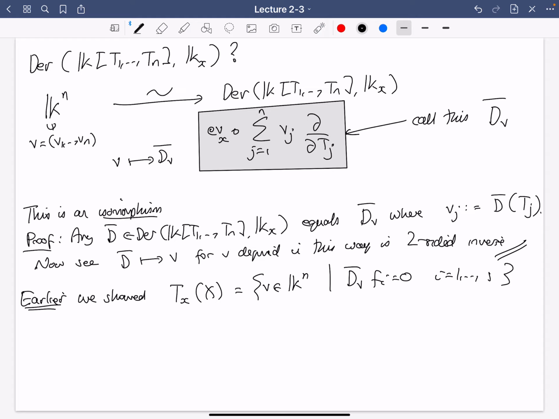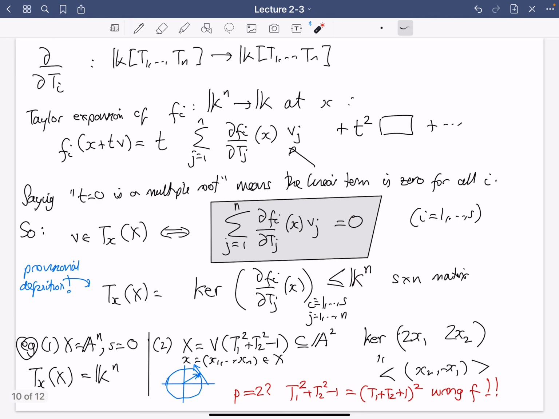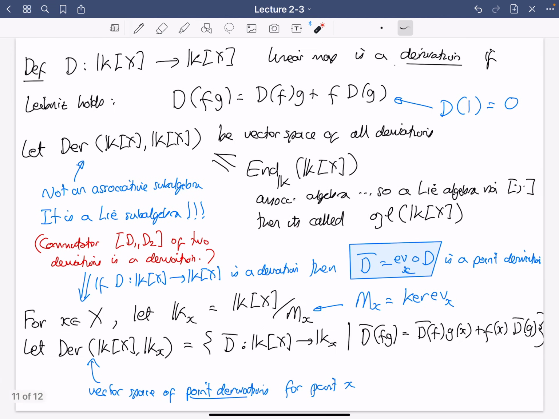So I've got this new notation for this expression dv bar, but that was exactly our provisional definition of tangent space. It was exactly the vectors satisfying that equation. That's exactly saying that dv bar kills all of the fi's.